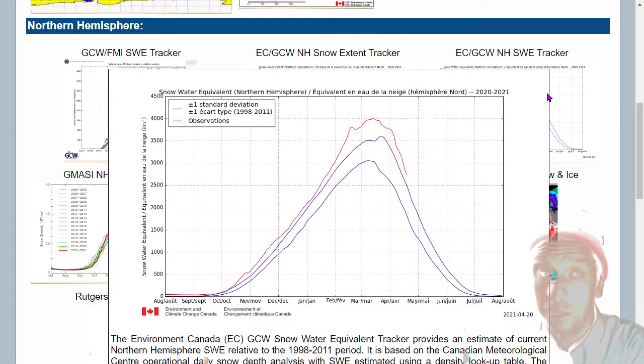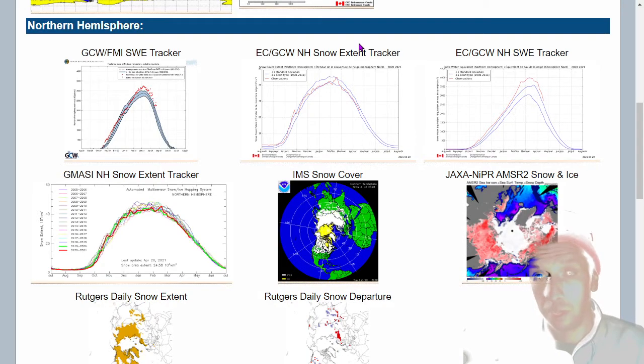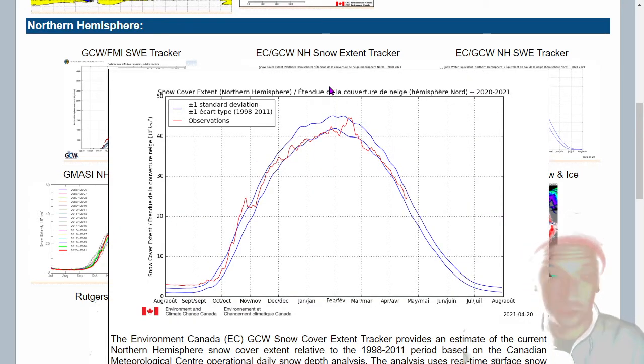Next, let's check out the snow water equivalent. You can see the way this was 2 standard deviations above normal at the peak right around here in mid-March. Now the snow extent, which is just the square mileage that the snow covers, hasn't really been that high.